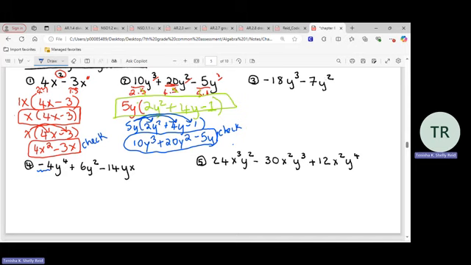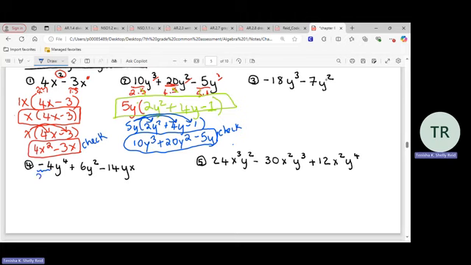Well, numerically, numbers first, what is the greatest common factor between 4, 6, and 14? Well, they're all even numbers. I know the factors of 4 are 4 and 1. Well, 6 isn't divisible by 4 or 14, so I know it can't be those. But they're all even, so maybe it's going to be 2.